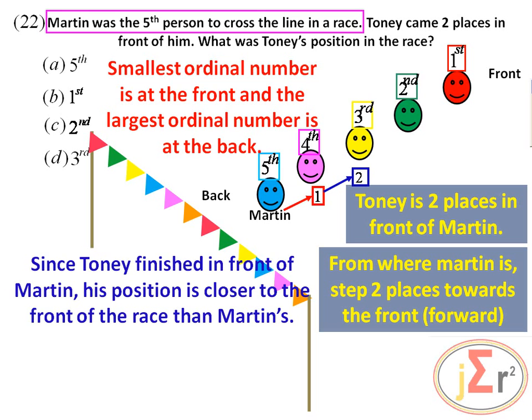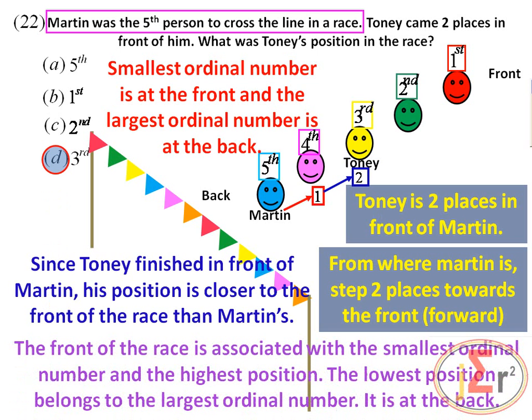Yellow. Right, to the yellow one. Therefore, the yellow one has to be Tony's. And Tony finished in third position, as Jerry would have figured out a long time ago.